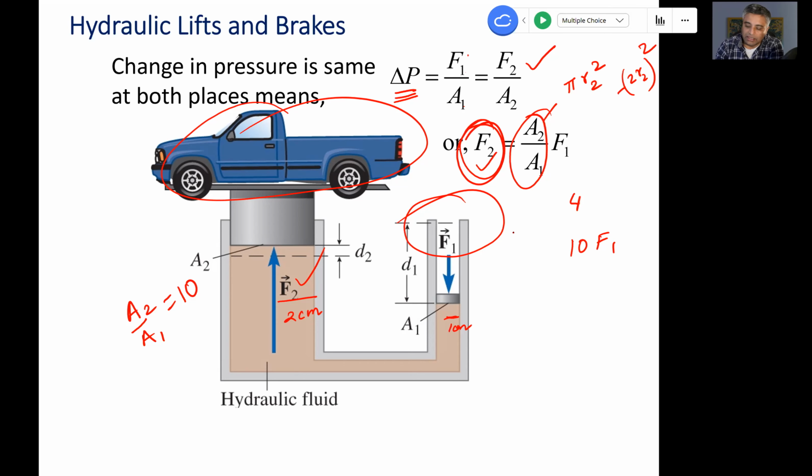Yes, there is a motor that's pushing it down, but you may be able to do that if you have that kind of arrangement, okay? So depending on how much larger this area is, your force gets multiplied. That means you can lift larger weight. Okay, so that's how the lift works.